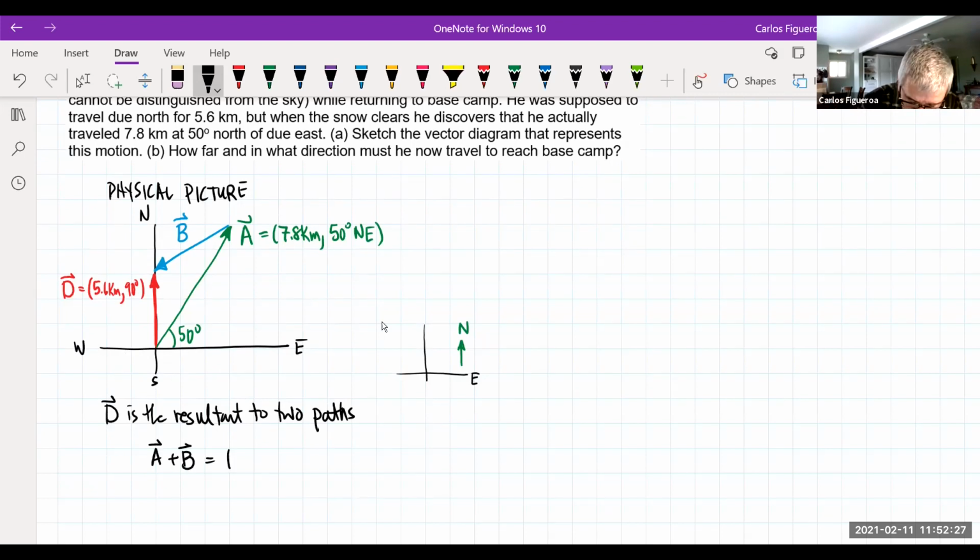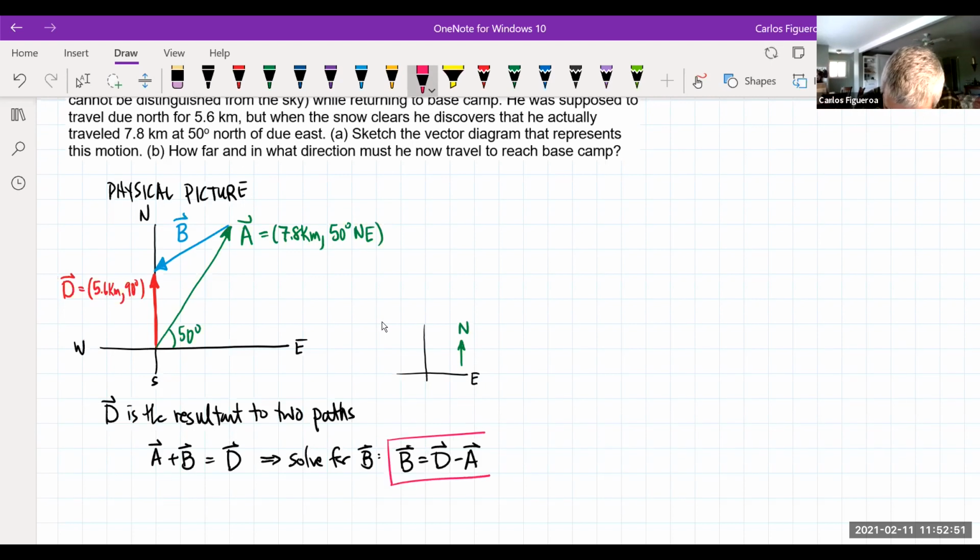And so now that's our resultant here. So if we want to solve for what path we had to take along B, then we can solve for B. And if we solve for B, we can see that B is really D minus A.